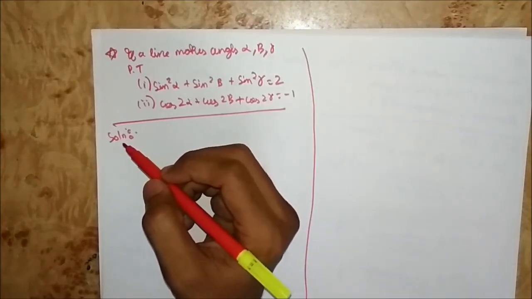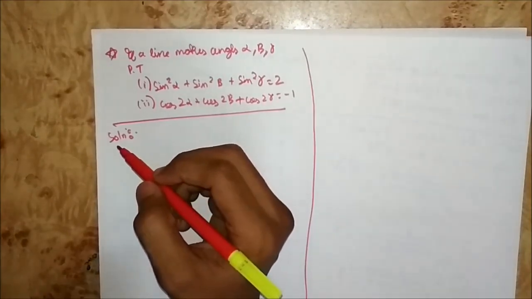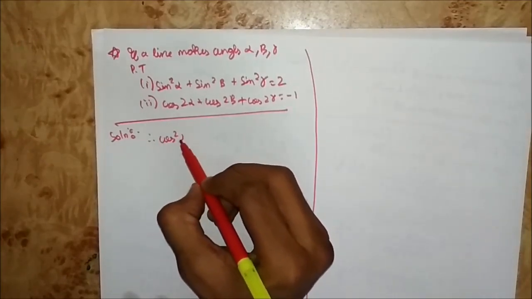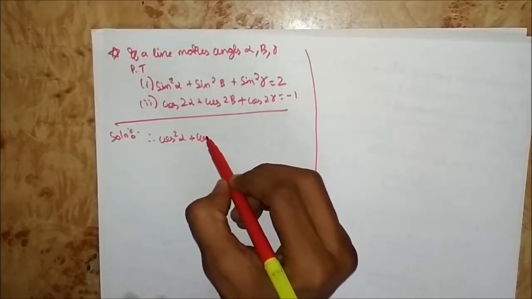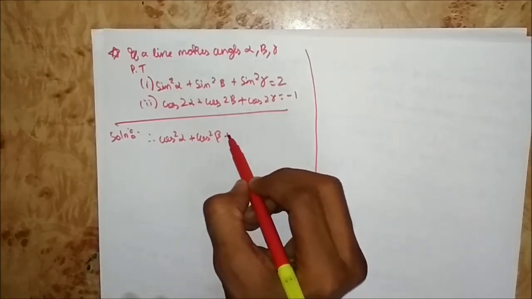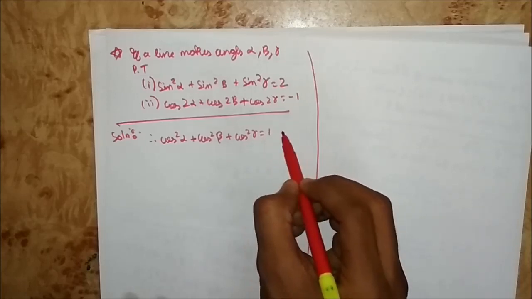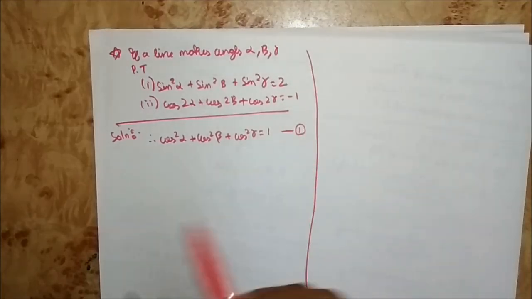Since alpha, beta and gamma are the angles made by the line with the coordinate axes, therefore cos square alpha plus cos square beta plus cos square gamma is equal to 1. Term this as equation 1.